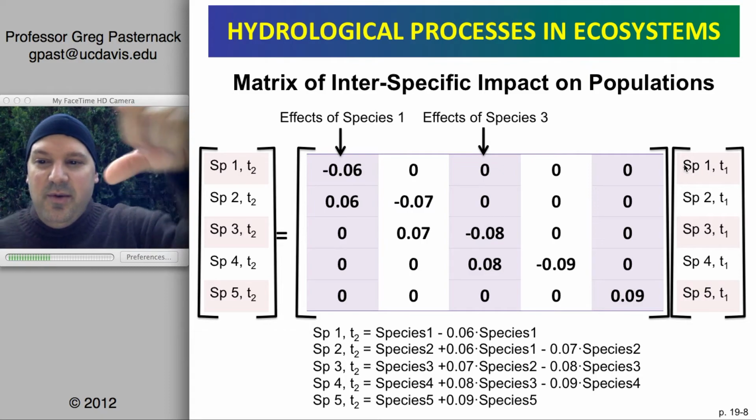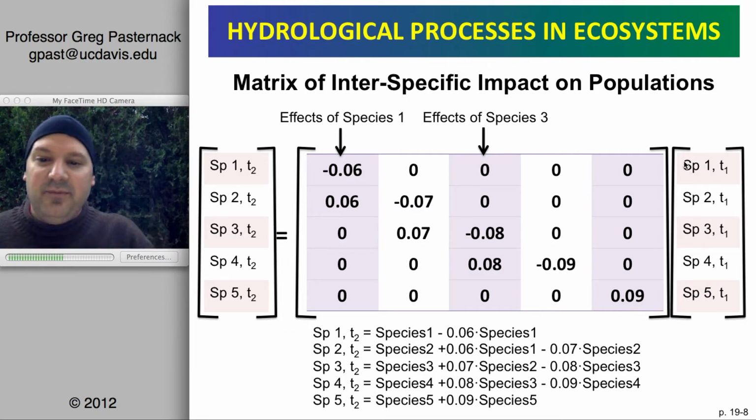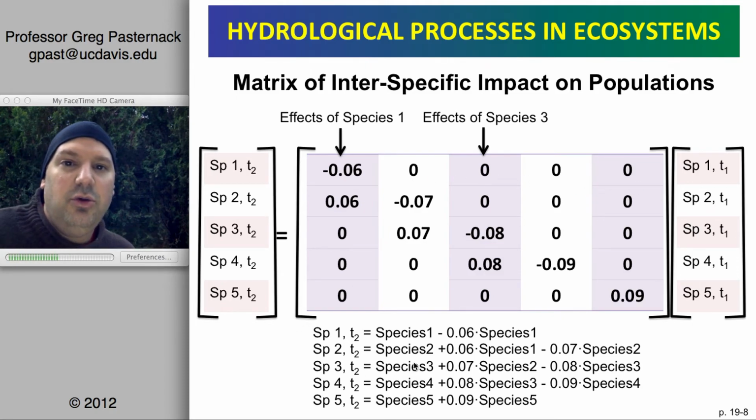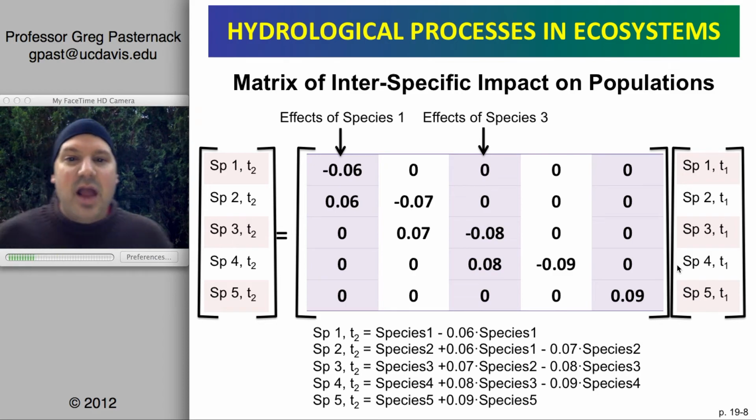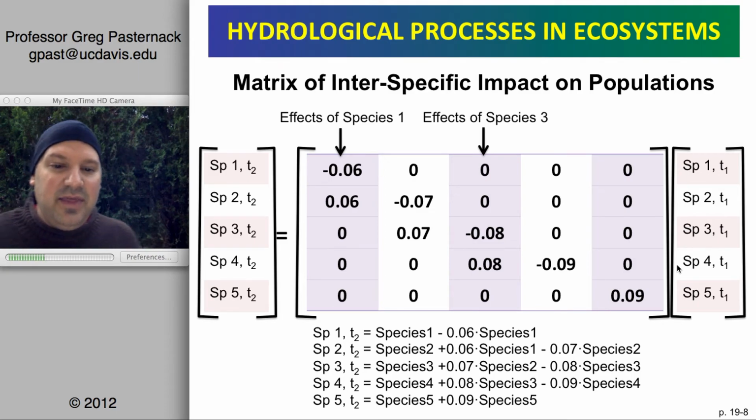Then, we can go down to the next row for species 2. Species 2 at time 2, its population size equals 0.06 times species 1 abundance plus negative 0.07 times species 2, and so on. The equations below show you how that works out and yields a set of 5 equations. The matrix form up here is ultimately a more compact mathematical expression that simplifies computations if you're using software like R or MATLAB or something like that.